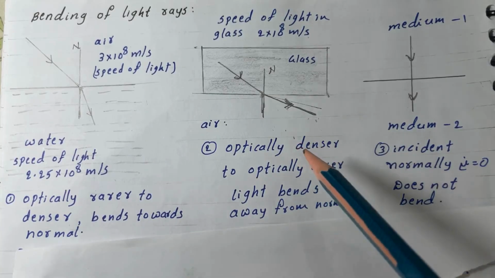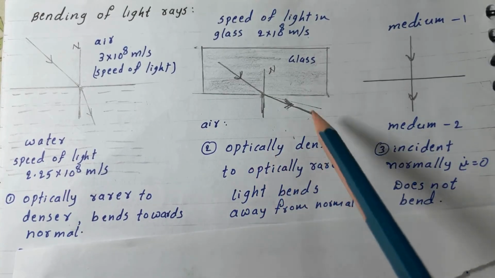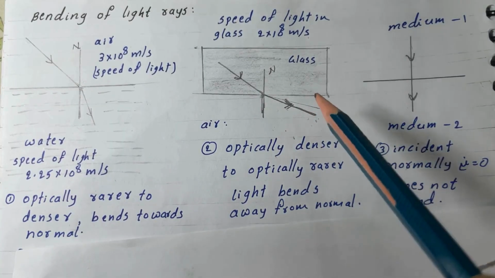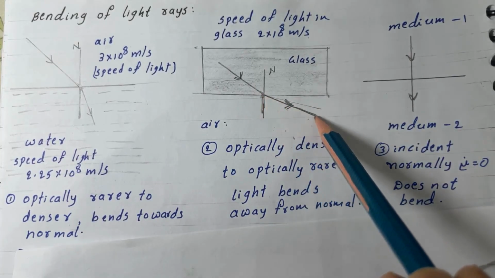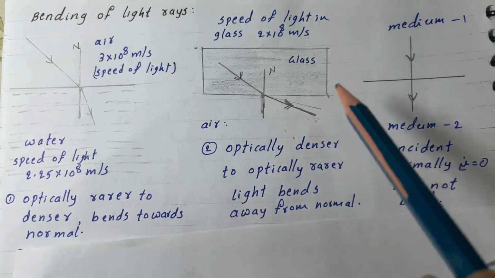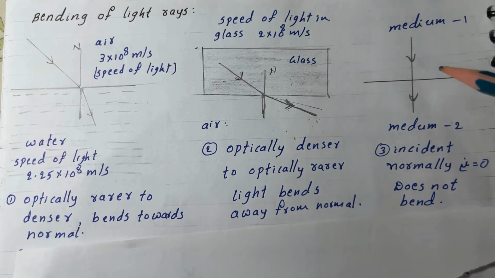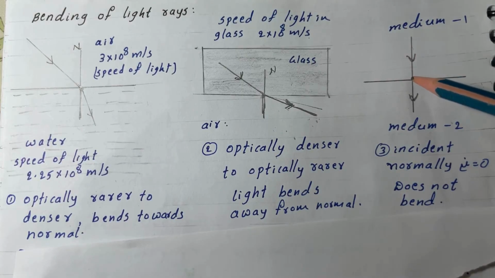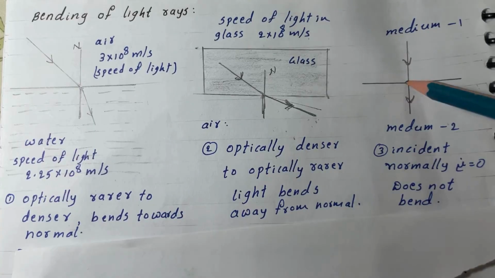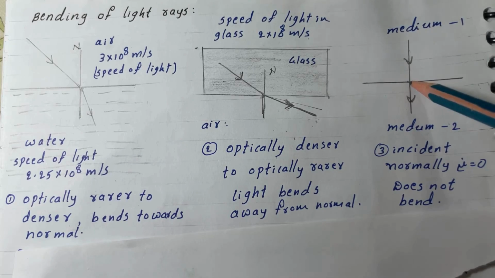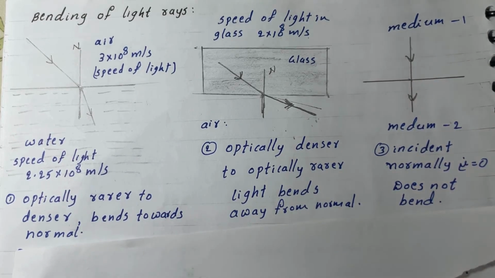So when light travels from the optically denser medium to the optically rarer medium, light bends away from the normal. Whatever the medium, optically denser or rarer, if a light ray strikes the medium normally, then the angle of incidence i is equal to 0, and the light does not bend.